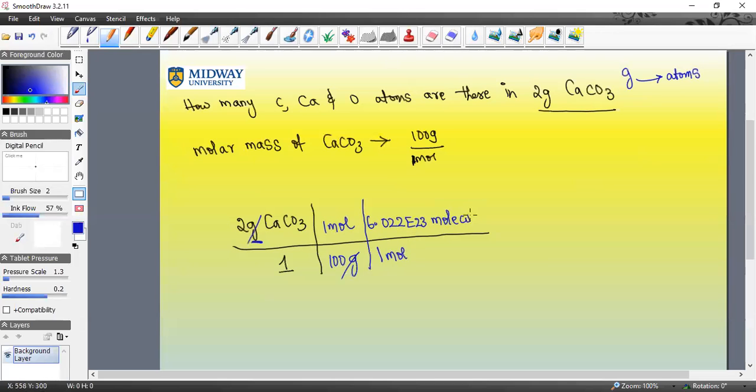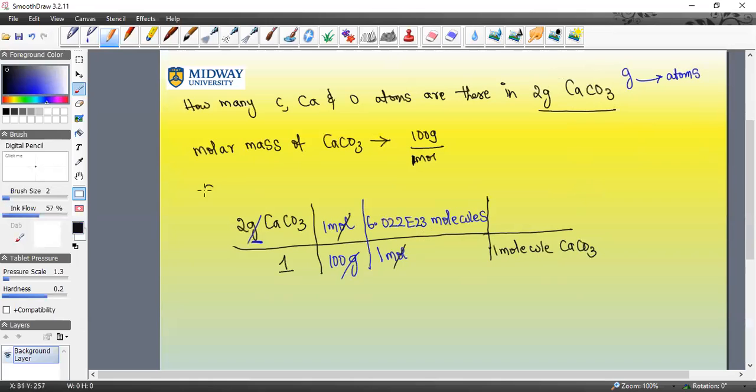This is where some of you might be thrown off, but just hang on and I will provide answers to that. So we can now cancel out the moles. Now a molecule of calcium carbonate. This is 1 molecule of calcium carbonate.